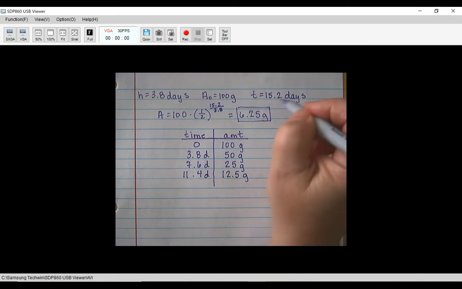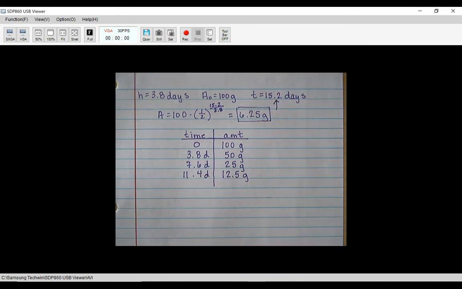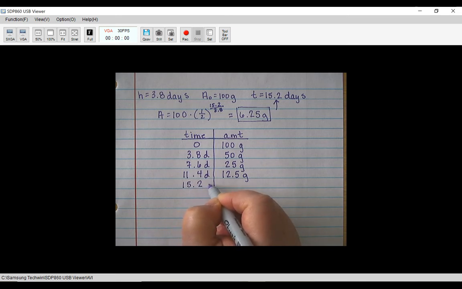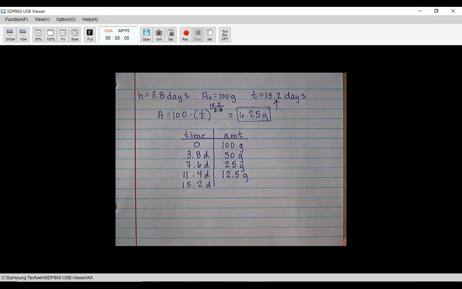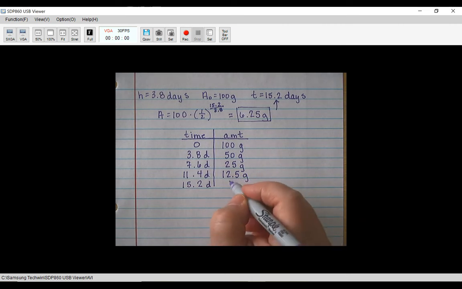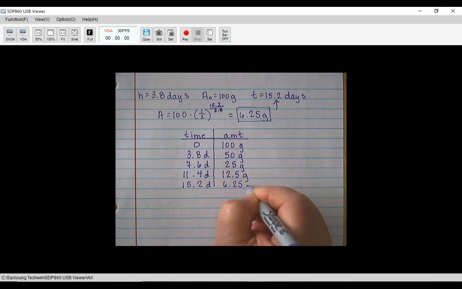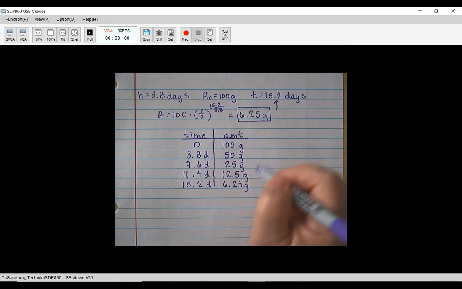Now I'm trying to get to this magic number here, 15.2. And if I add 3.8, guess what I get? 15.2. Okay. And so I half 12.5, and half of 12.5 is 6.25 grams.